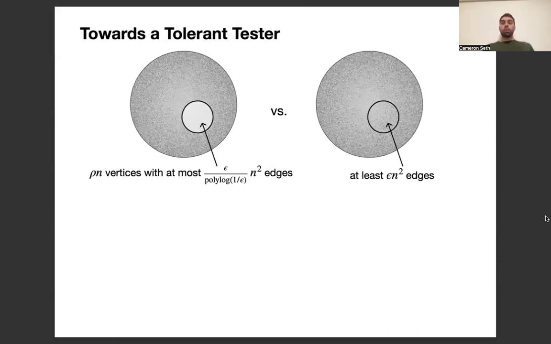Okay, so now how could we generalize this approach to tolerant testing? Again, we want to distinguish between the cases. The yes case is going to be a graph that has a set of rho n vertices with a relatively small number of edges, and the no case is the same as before, being epsilon far.